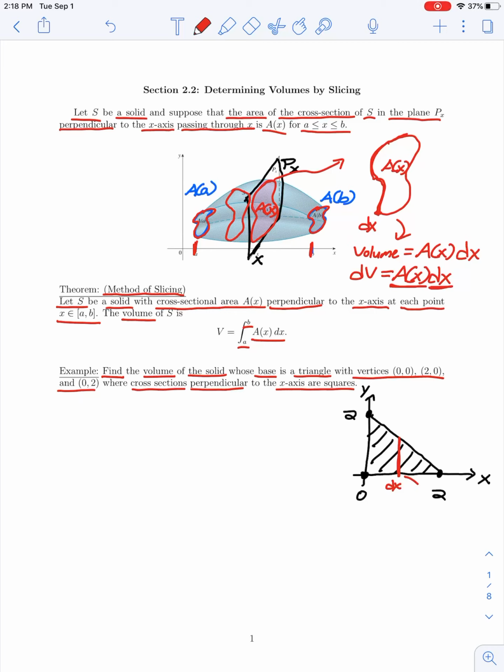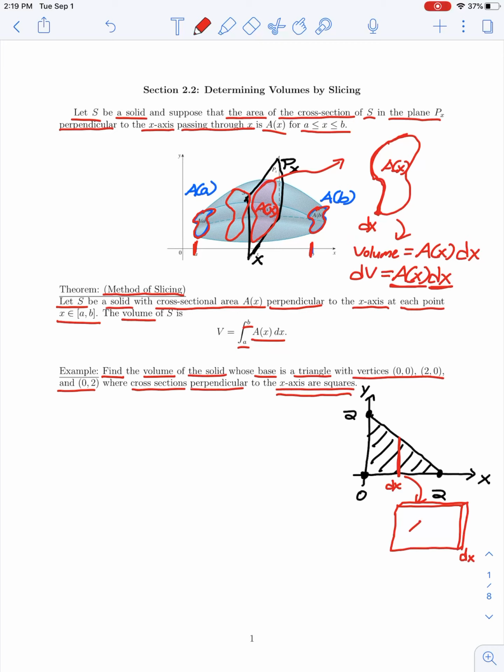If I take that slice out of my solid, I'm told that it has a shape like a square. So pulling that slice out of my solid, I'm going to have a cross-section which is shaped like a square, and it has a small thickness to it, which is what we're calling dx.